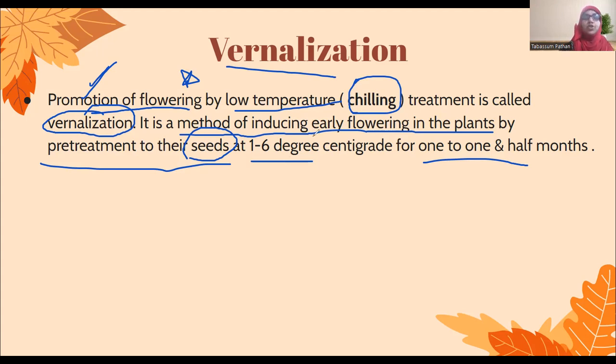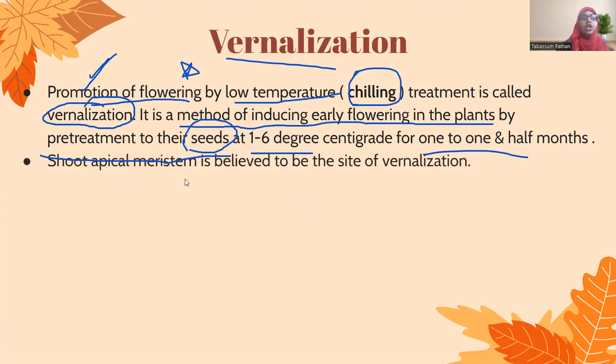Okay, and when you sow the seed, when they start growing, when the seed germinates, saplings come out, a plant grows, this plant will show early flowering as compared to their counterparts who were not given the vernalization treatment. Okay, shoot apical meristem is believed to be the site of vernalization.